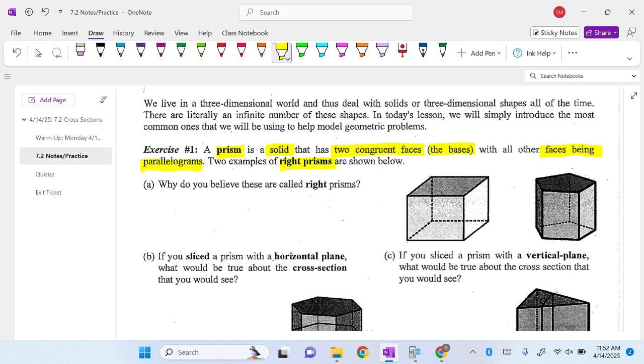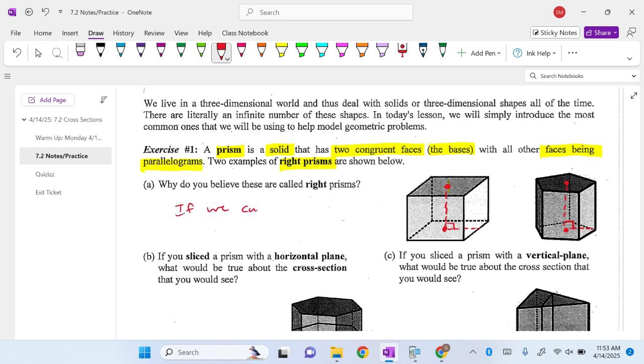So what happens is that if you looked at the center of the shape and you drew a line down, these centers of the bases would connect at a 90-degree angle through the center. Same thing here. Centers of the bases, if we cut them straight down from center to center, it would form a 90-degree angle. All right? That's why they're called right prisms.